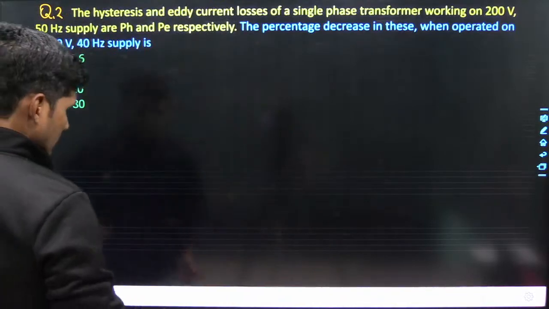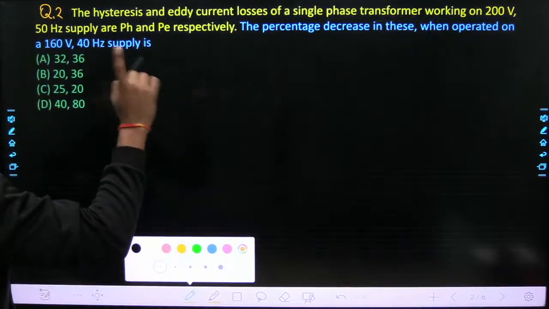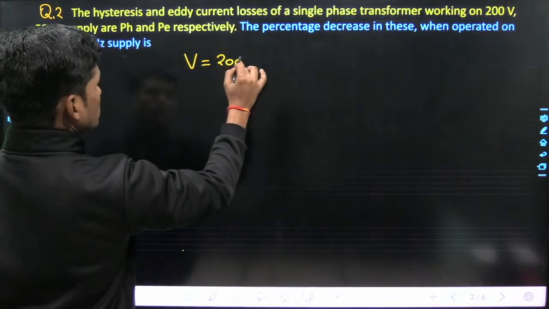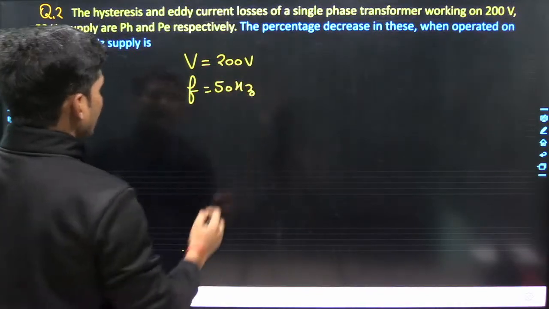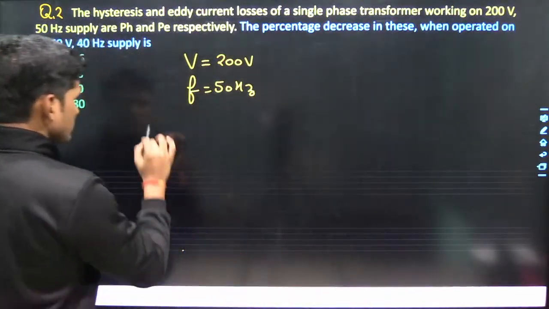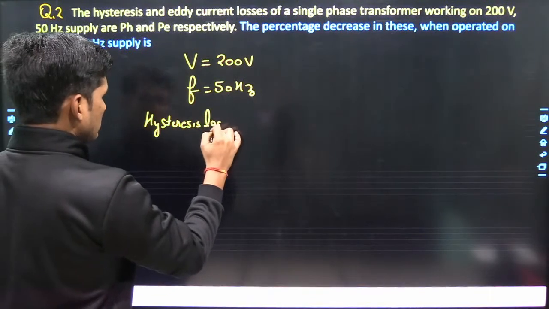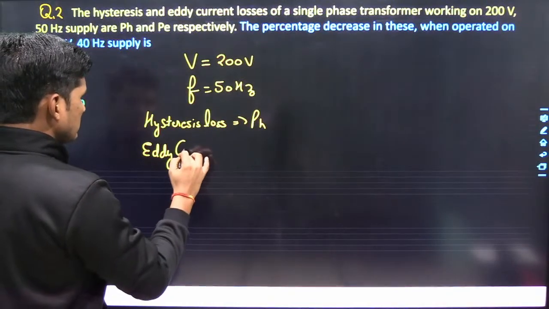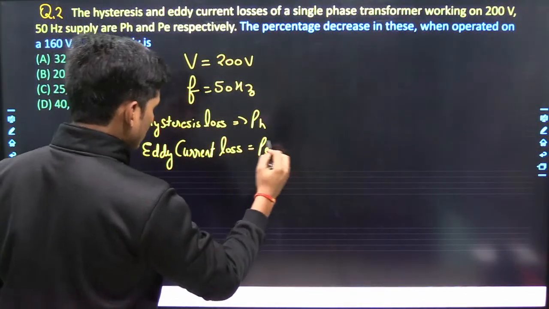So in this, at the first condition, it is given that the hysteresis and eddy current loss of a single phase transformer are at 200 volt, 50 Hz. That means initially the voltage is 200 volt and frequency is 50 Hz. At this voltage and frequency, the hysteresis loss is PH and eddy current loss is PE.